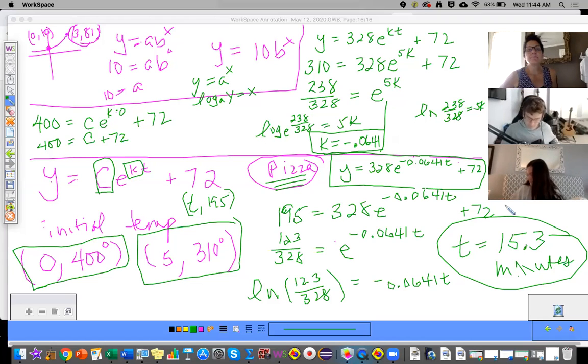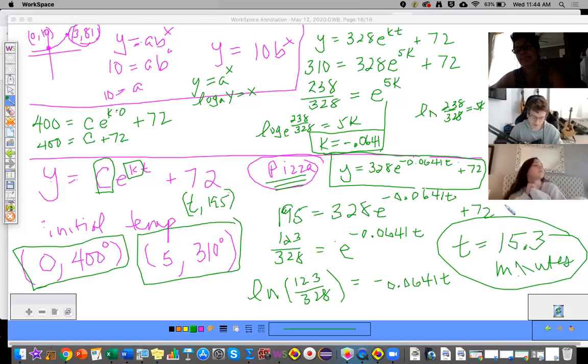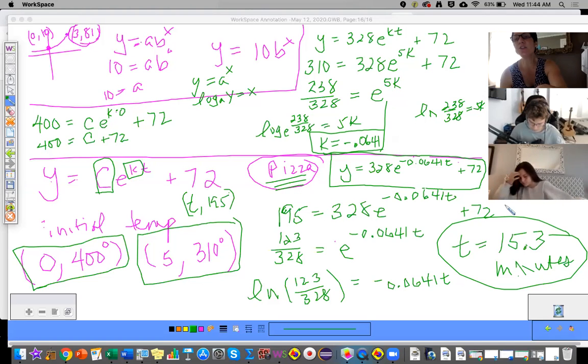These were two amazing questions you two asked, by the way. So did we even need to know the 5-3-10? Yeah, we did. The 0-400 helped us get C, and then the 5-3-10 helped us get K. So when you go and do your cocoa problem, you're always using any information you can to find your variables, because remember, the C and the K are constant.